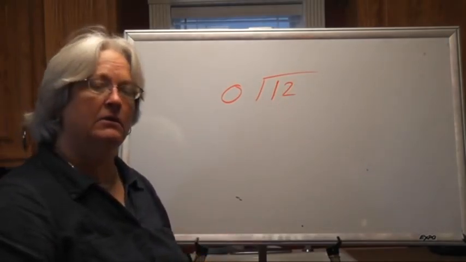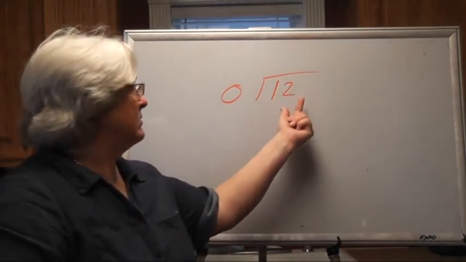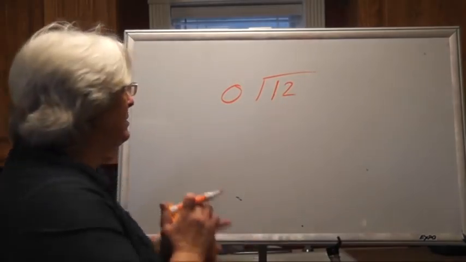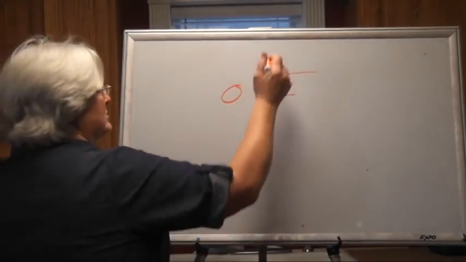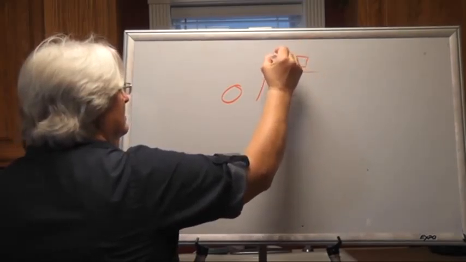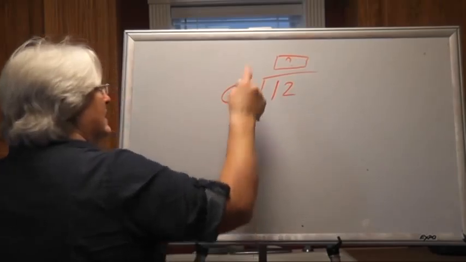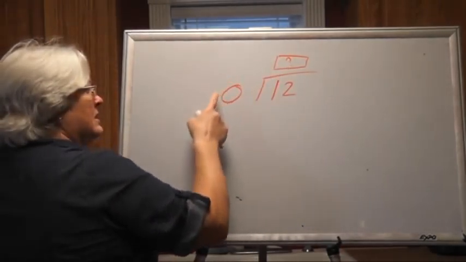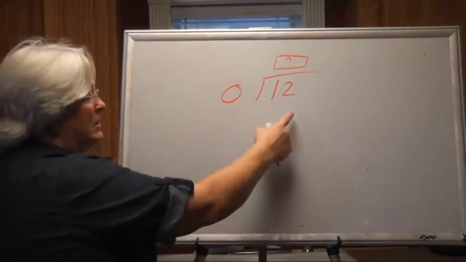Well, let's think about our process here. In order to do this long division, whatever our quotient is here, whatever our answer is here, we have to be able to take this number times this number to get 12.